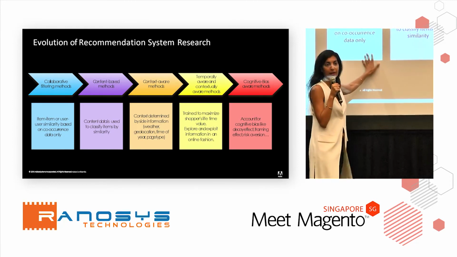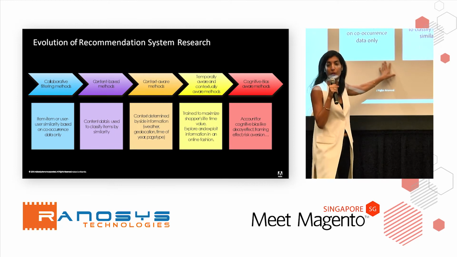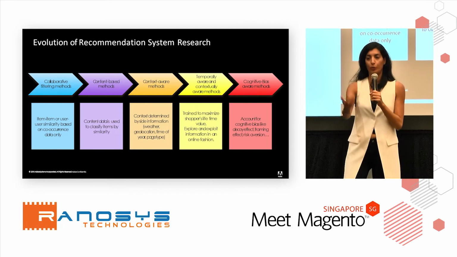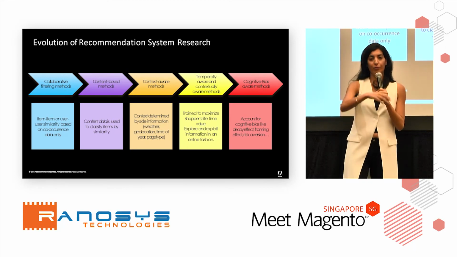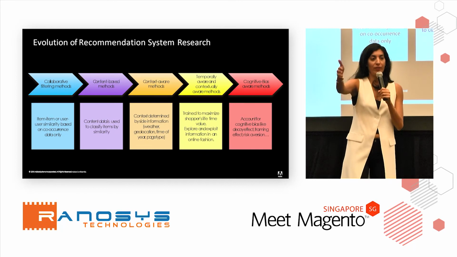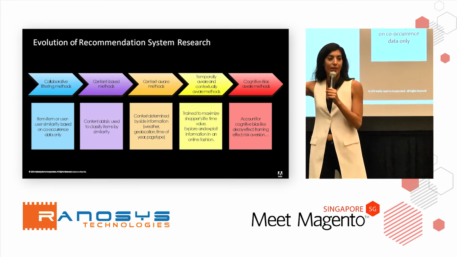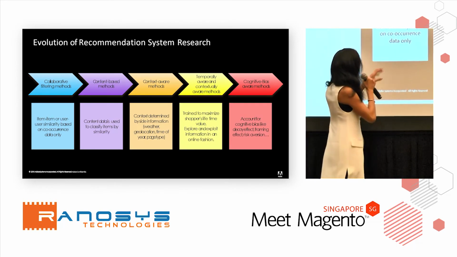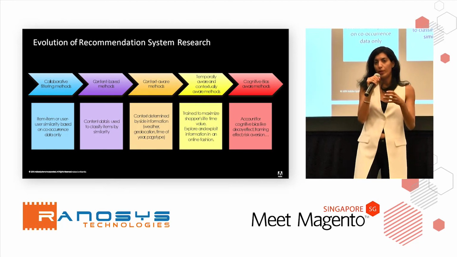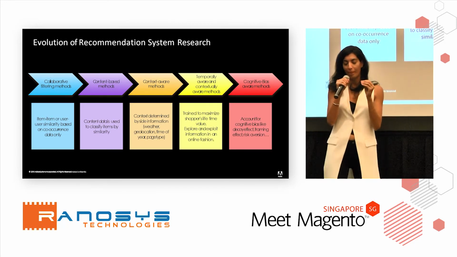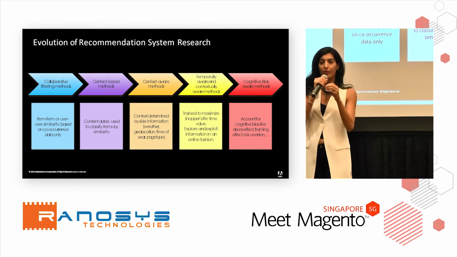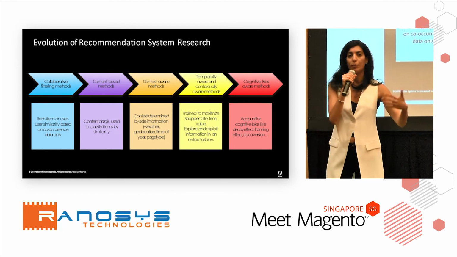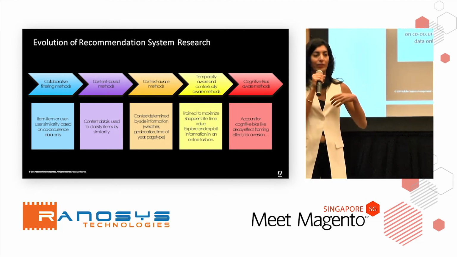Usually we use things like item-to-item similarity. We learn that items are similar to each other because they're bought by similar groups of people. So if you buy A, B, C, and somebody else buys A, B, and C, we assume that there's a similarity between those items. Content-based methods are a bit more specific because every single item in the catalog has to have metadata that describes what it is: it's pants, it's for winter.